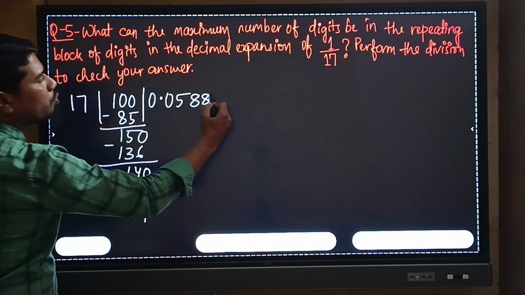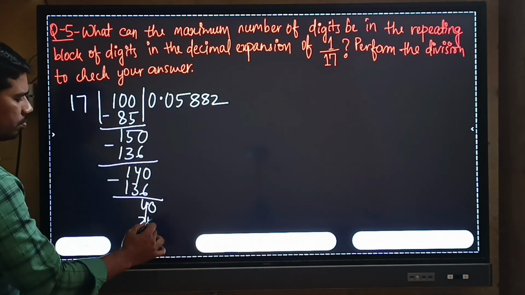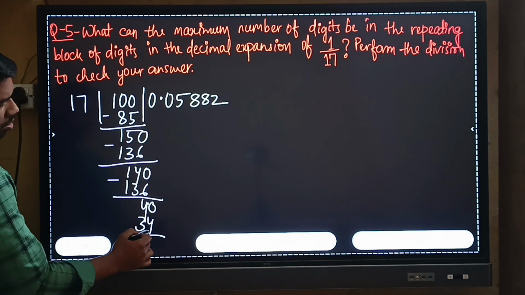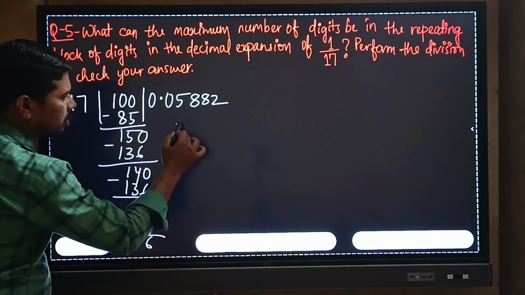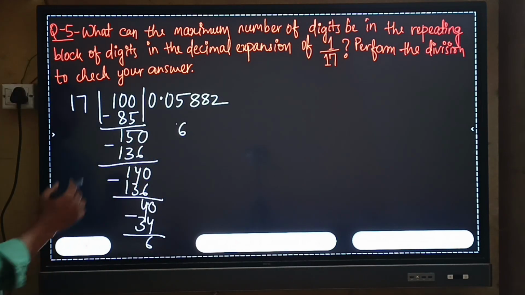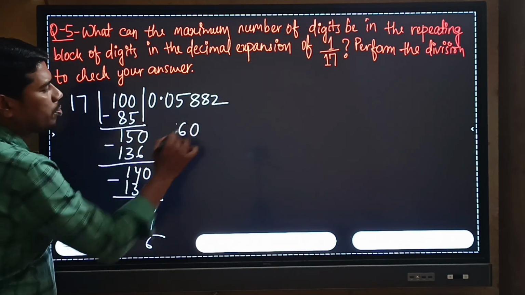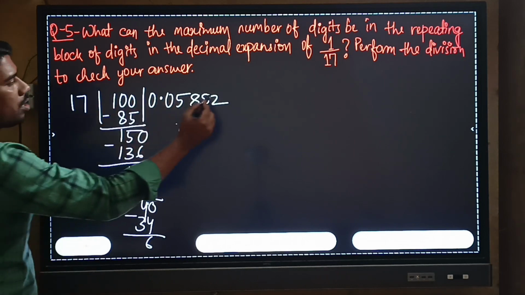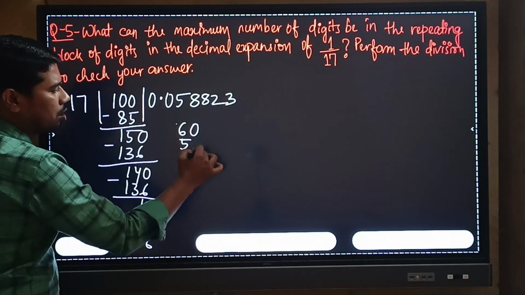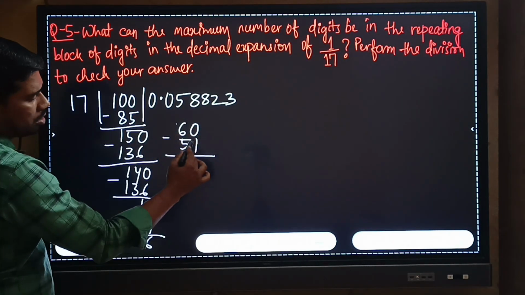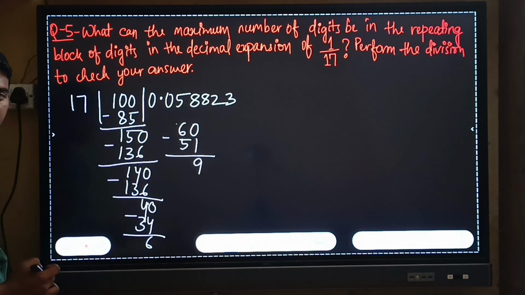So 17 2s are 34. Now I am writing here, if it subtracts, the result is 6. So I am writing here 6. 6 means the point is there, it will become 60. 17 4s are 68, 17 3s are 51. So it will subtract, the result is 9.